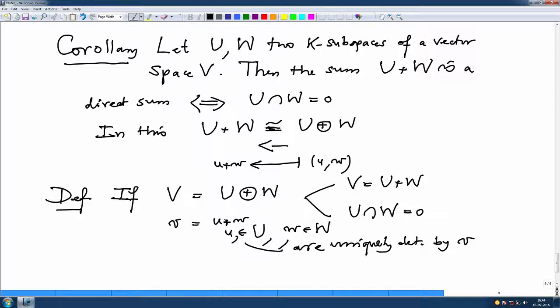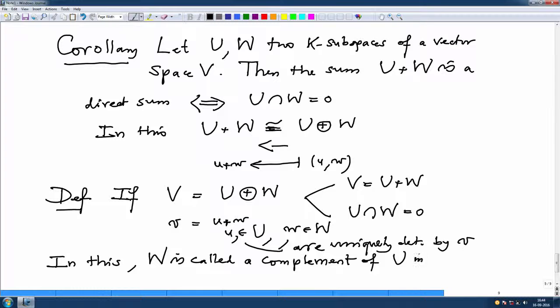In this case, we will say that W is called a complement of U in V. Now, note that for any subspace there is a complement.